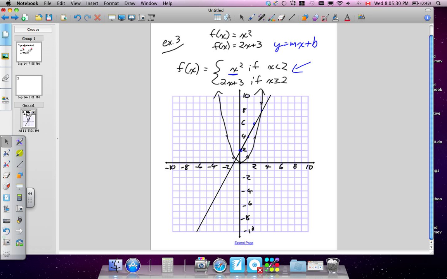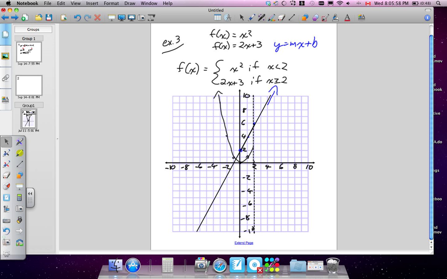Up to the point of 2, the left side of this, we're only going to be using the parabola function. So essentially, I can erase this. This part of this function doesn't exist anymore. And then what they're saying is at 2 and after 2, at this exact point, it becomes a linear function. So it starts up again here.